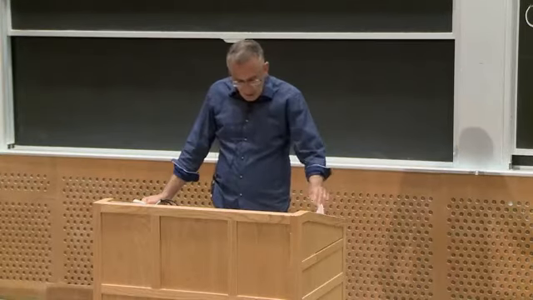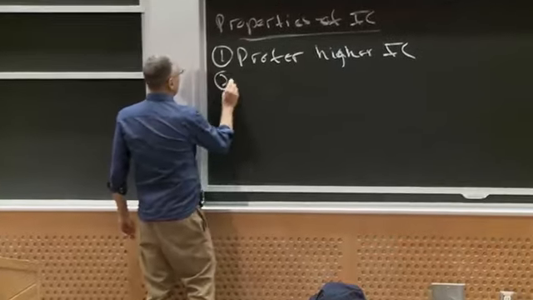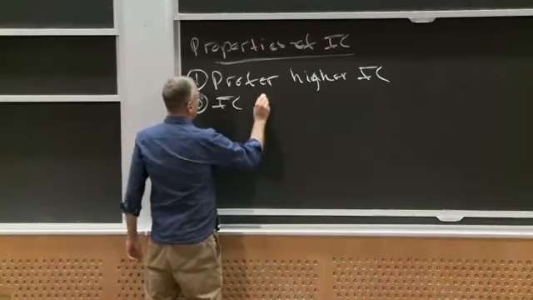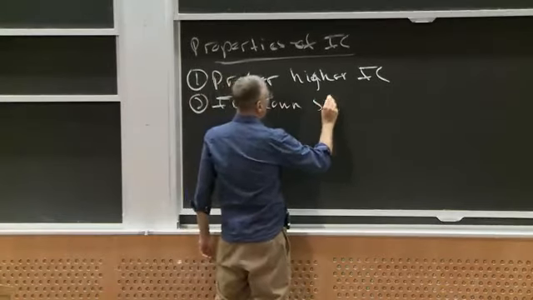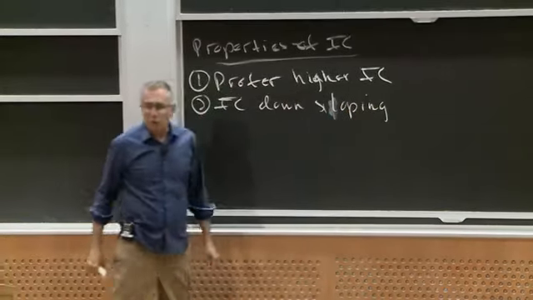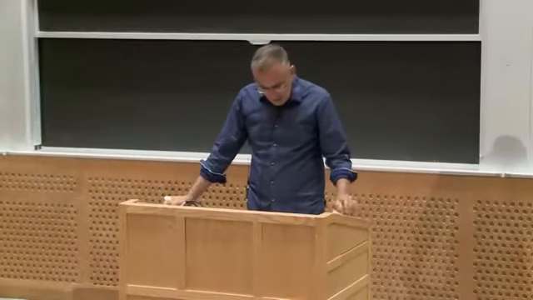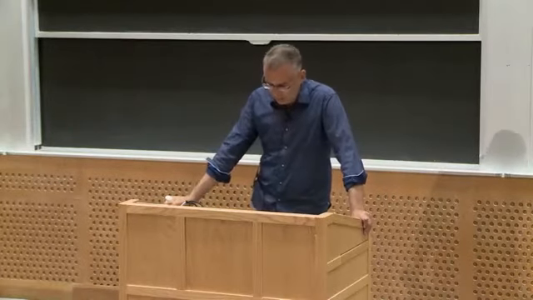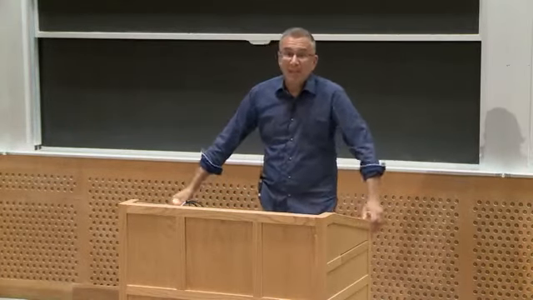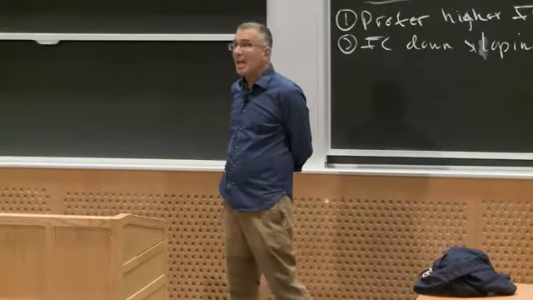Okay? The second property is indifference curves are downward sloping. We're not saying anything about the shape yet, just the slope. And once again, this follows from non-satiation. Why? Because if indifference curves were upward sloping, you wouldn't satisfy non-satiation.